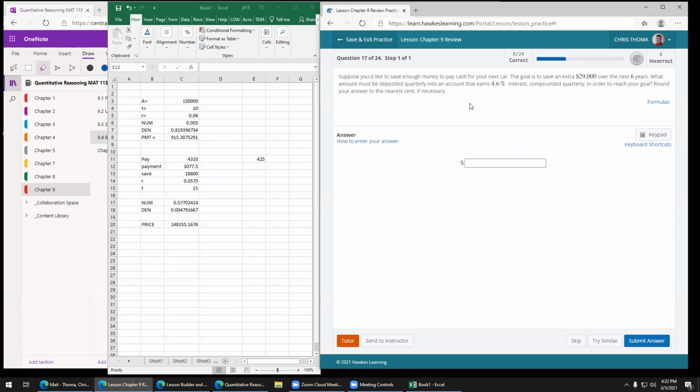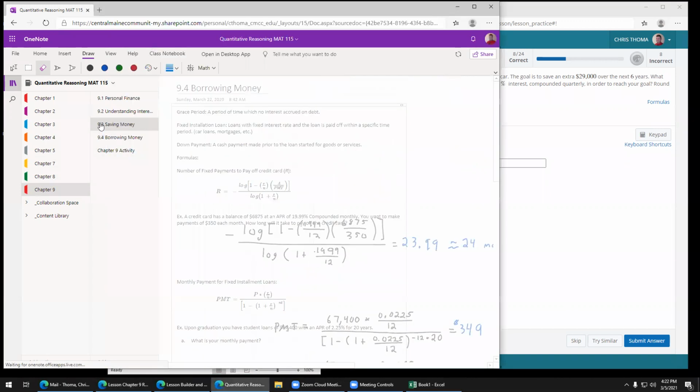All right, suppose you'd like to save enough money to pay for a car. So this is a saving problem. That's a payment one and saving money. So we go to saving money.